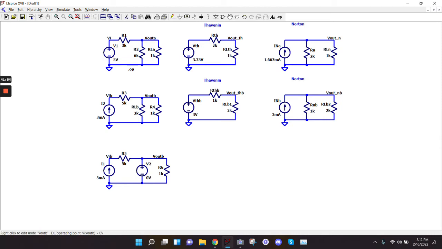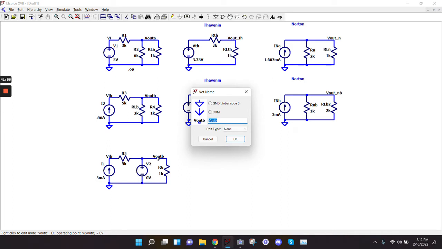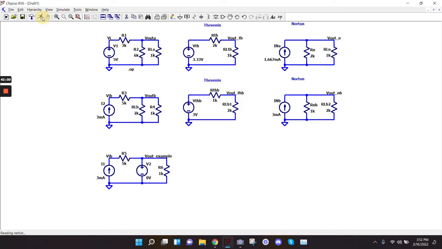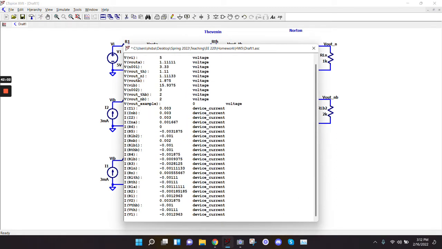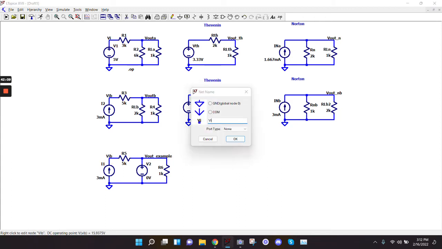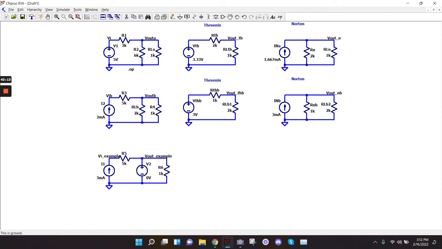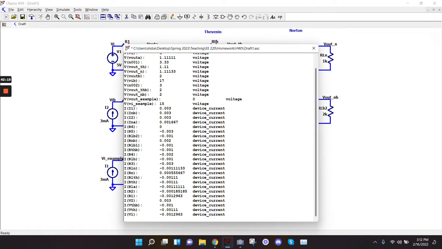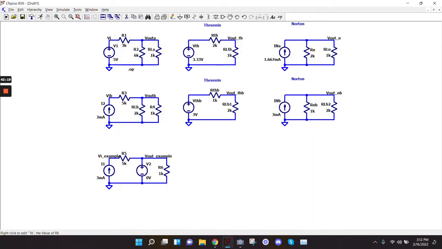Oh, it's because I called this V out B. See? V out example. Oh, wait, you also have the other one. It's not VIB, VIB connected. You have VIB. Is there anything else? See guys? All right, so I through V2 is 3 milliamps. So there you go. So that right there is how you would measure your short circuit current.